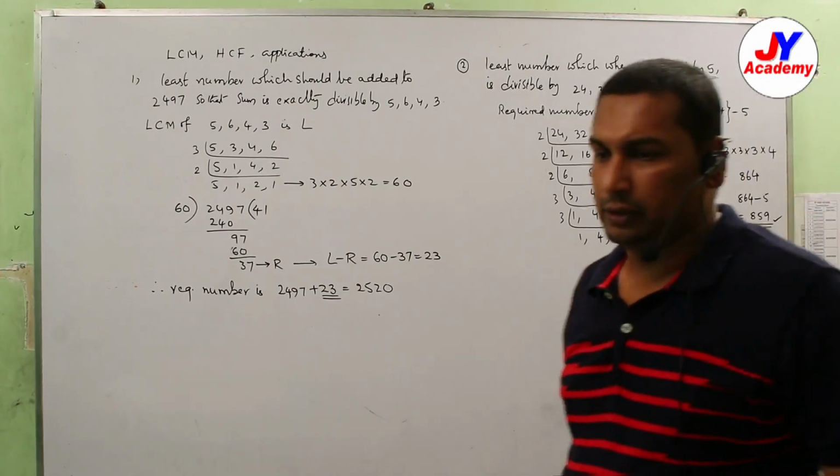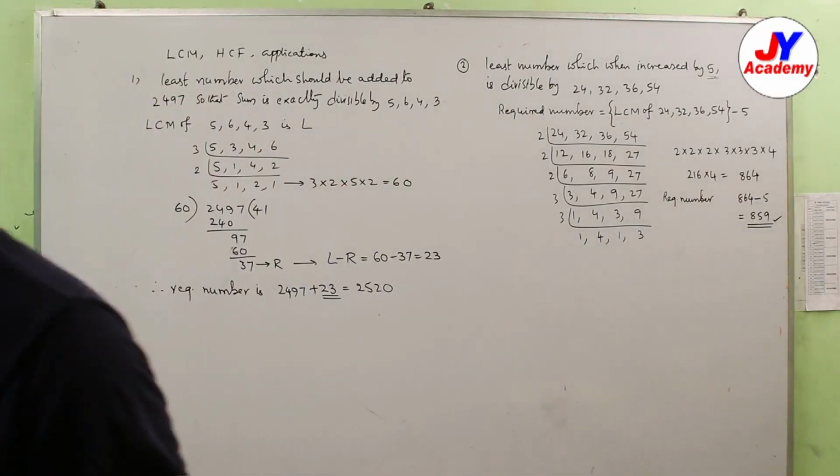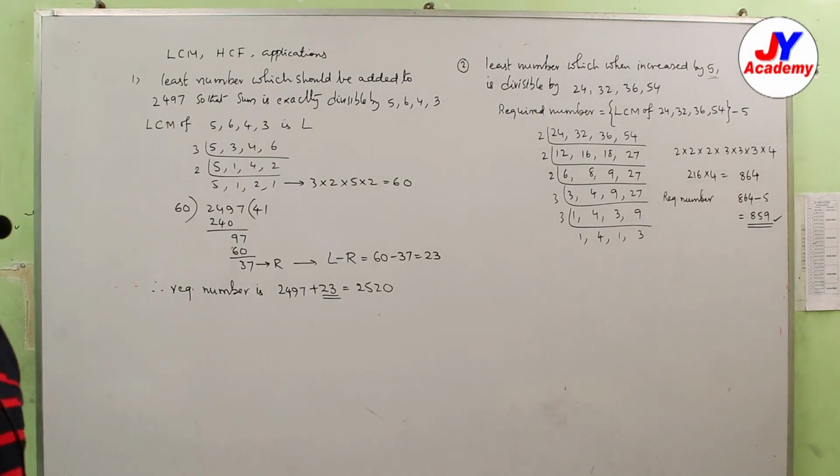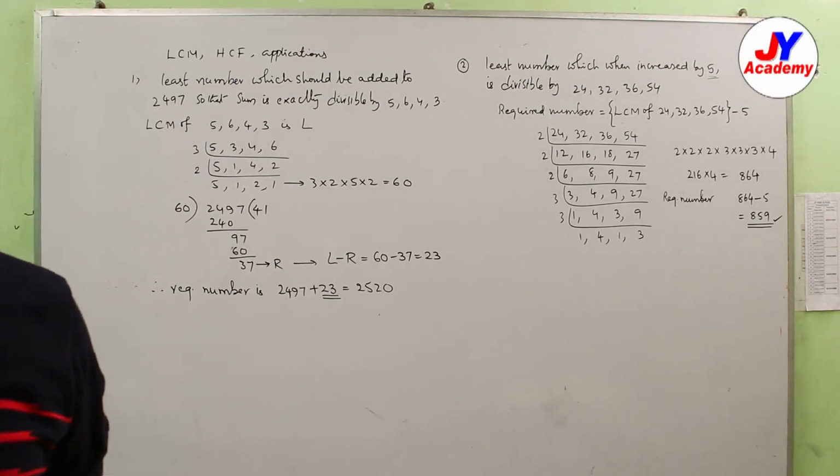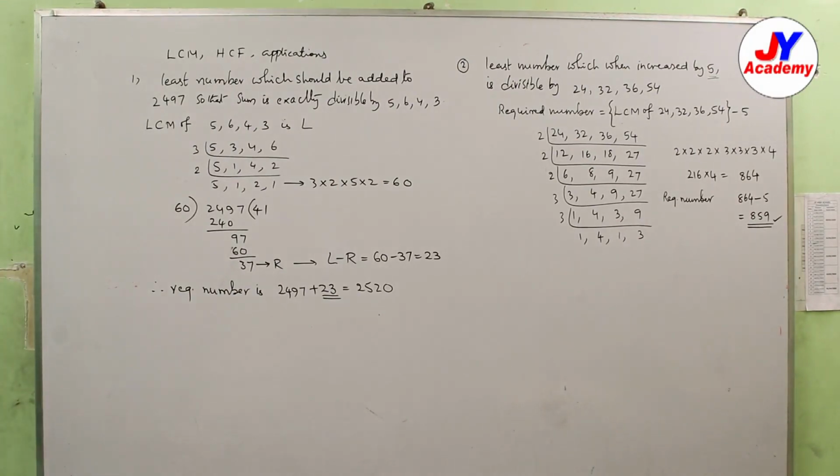To the required number, if you add 5 to that 859, then we'll get the answer. Got it, all of you? That is the second question. Now we'll see the third question.